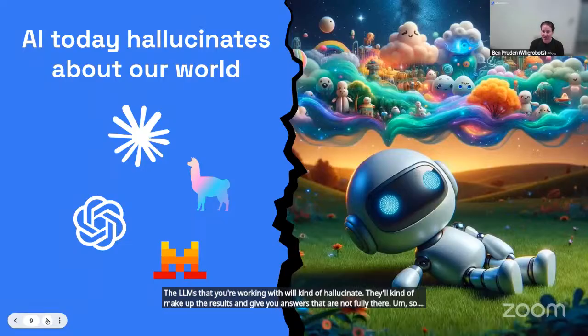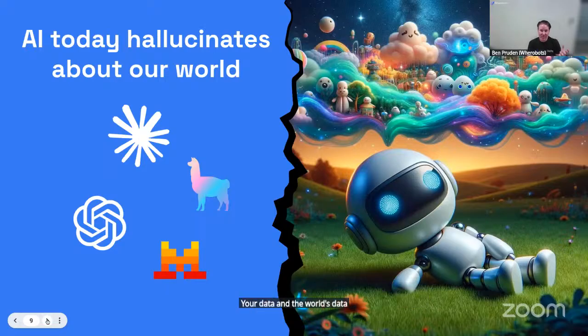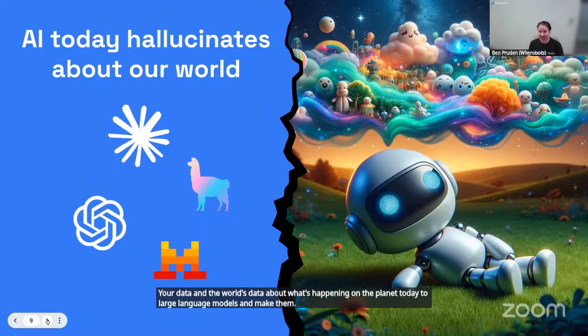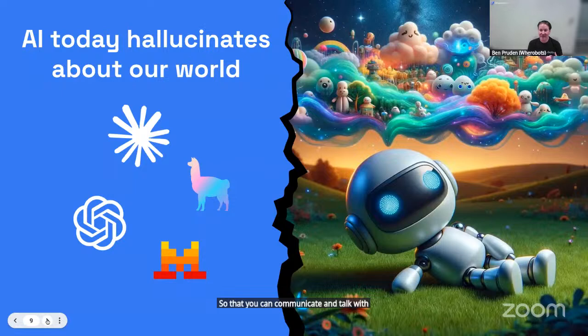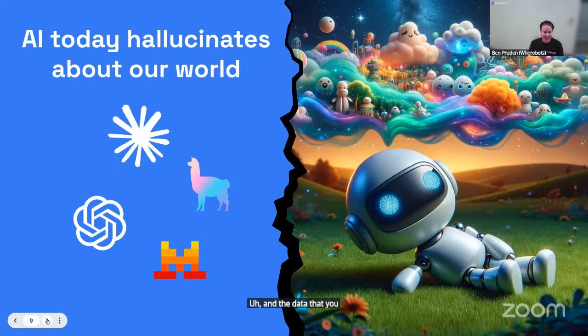So that's one of the core issues that we see: how do we help connect your data and the world's data about what's happening on the planet today to large language models, so that you can communicate and talk with large language models in the context of the data that you've got and the data that you want to process about your business.